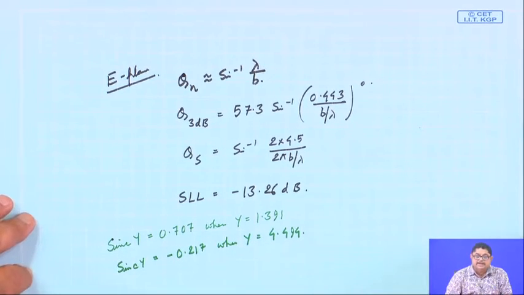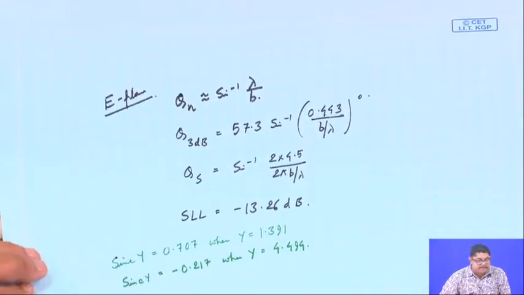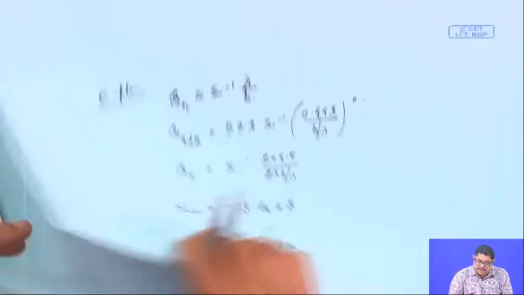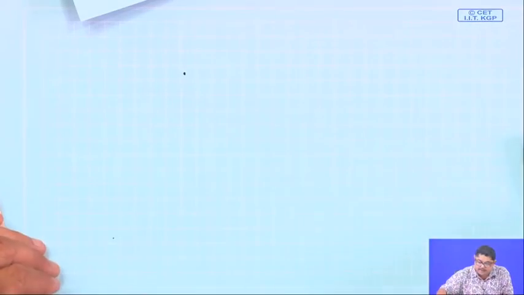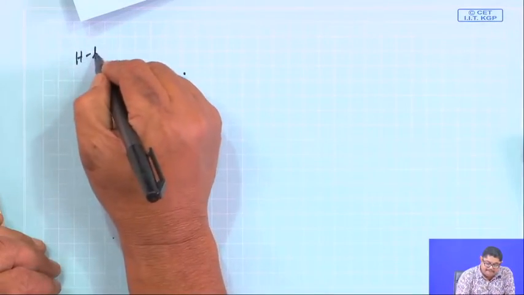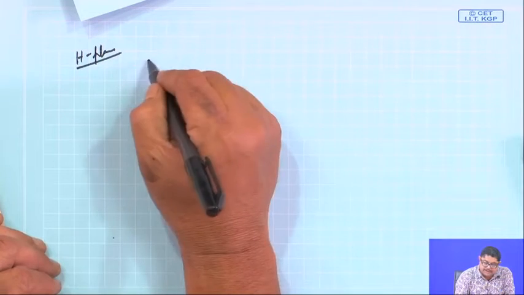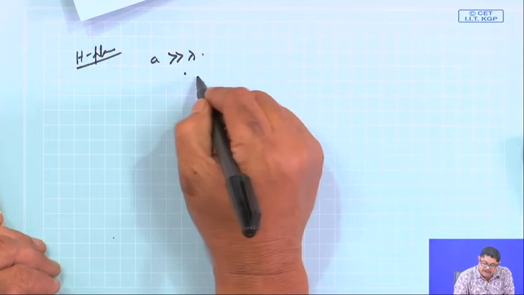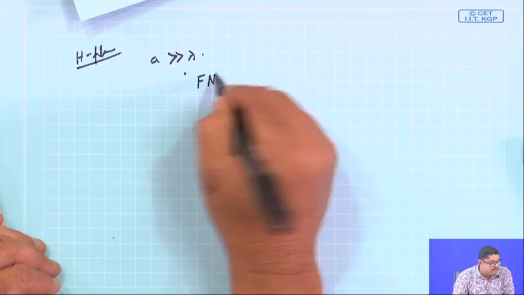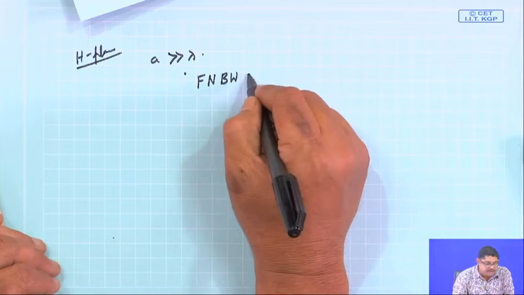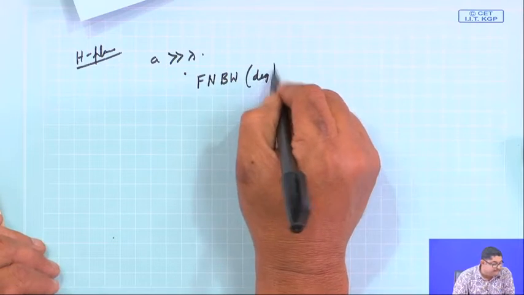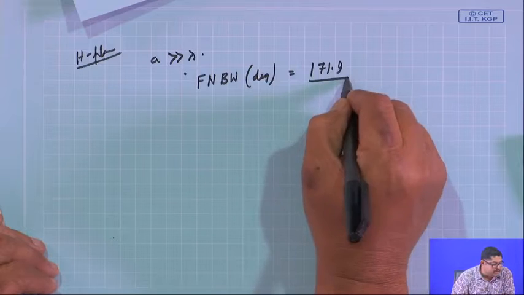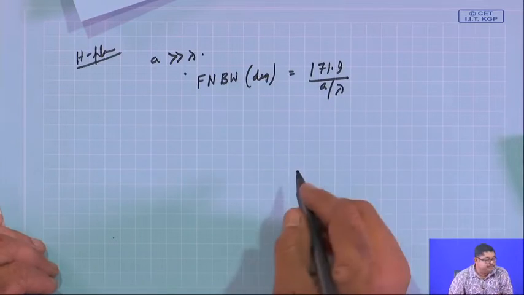Now, in another example, let me write the H plane results. The H plane, for a greater than lambda: the first null beamwidth in degrees will be 171.9 by a by lambda.